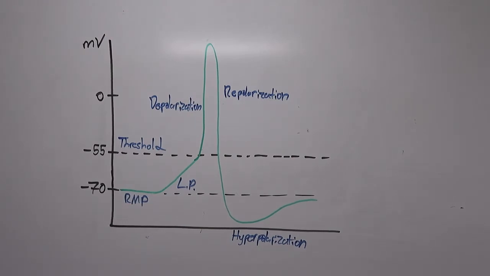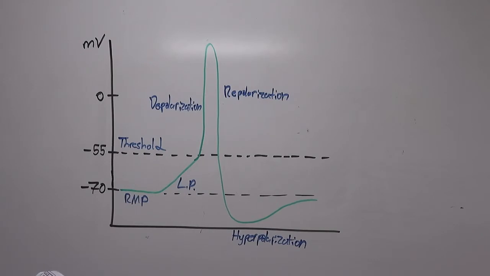Now, in refractory periods, basically what it means is a time that the neuron cannot fire, and there are two types of them. We have absolute refractory periods and relative refractory periods.